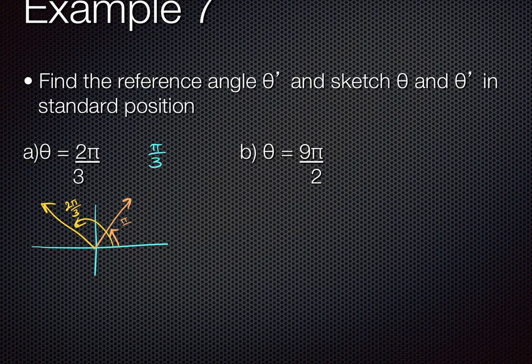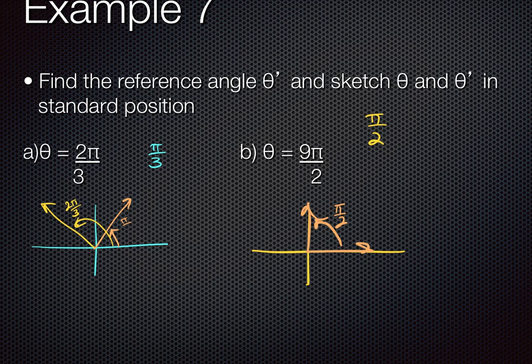How about 9 pi over 2? What's the reference angle? Pi over 2. Where's pi over 2? On the y-axis. This is pi over 2. Where is 9 pi over 2? How do I find it? You can keep subtracting 2 pi, but you got to pay attention how many times you do it because that's how many times you got to go around.